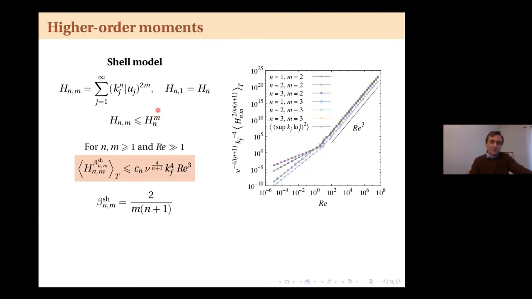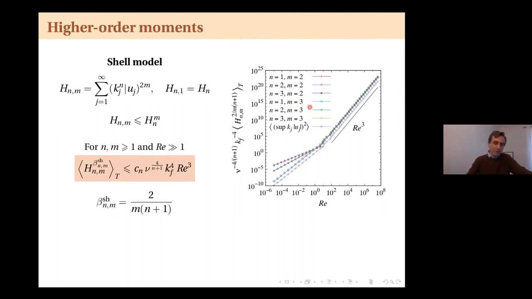So I can simply use the estimates I had for Hn and get this estimate for the general case of the nth derivative raised to the power 2m. I again get this Reynolds cube scaling with an exponent which now depends on m and n. Once again, it's a high Reynolds number result, which holds very well in the simulations with different orders of differentiation and different moments.